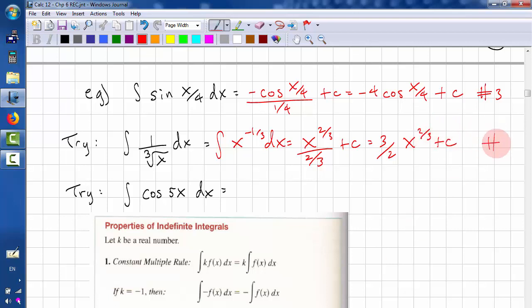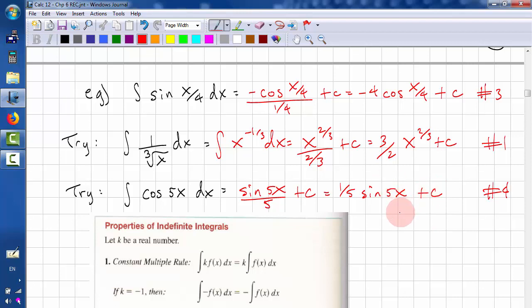Again, we're using number 1. Here, we're using number 4. So we have sine 5x over 5 plus c. You can leave it like this, or you can write 1/5 sine 5x plus c.